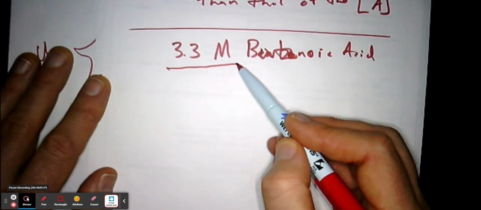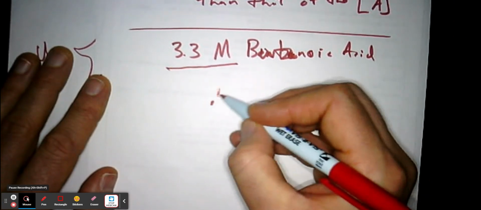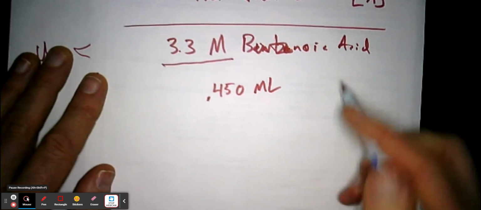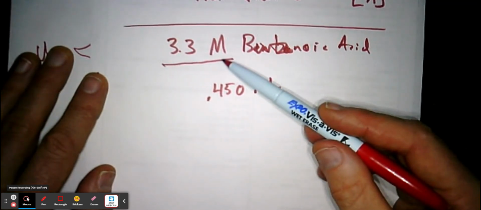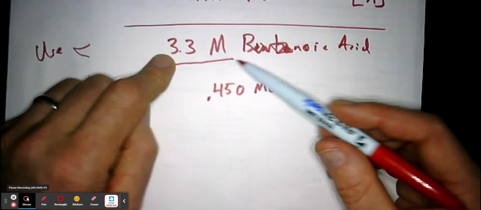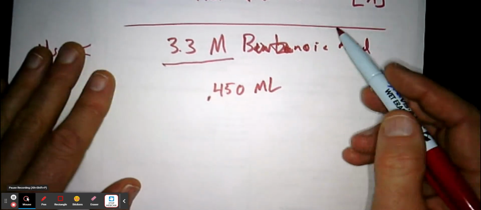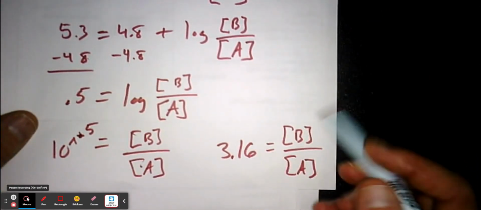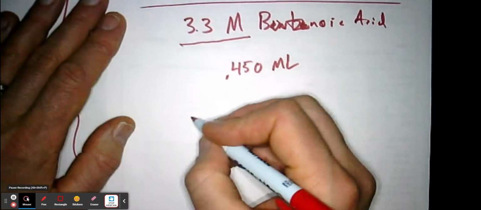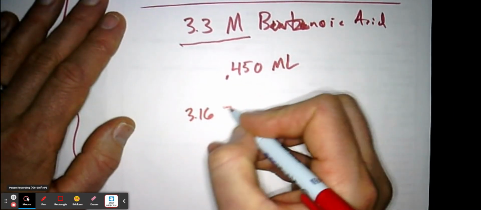All right? So if I use this and I want 450 milliliters, I need to know, if I'm going to use this solution, then I plug that into my equation here, and then I solve for B. So 3.16 equals the concentration of B over 3.3.